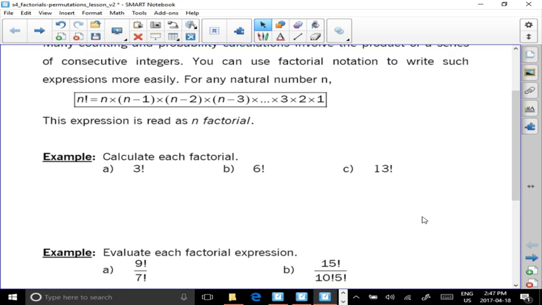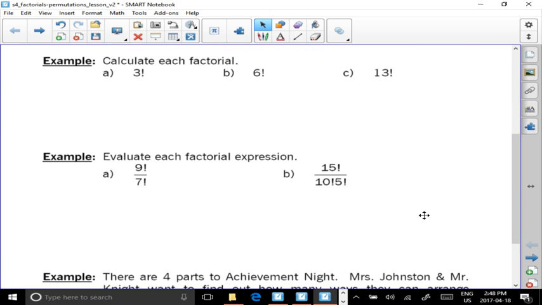So, example, calculate each factorial. And we can do this, well, we can at least do the first one manually.